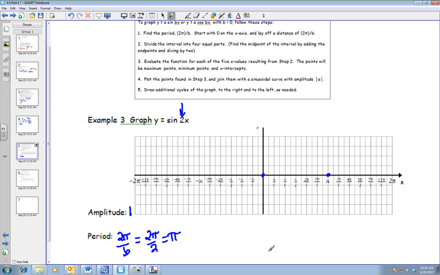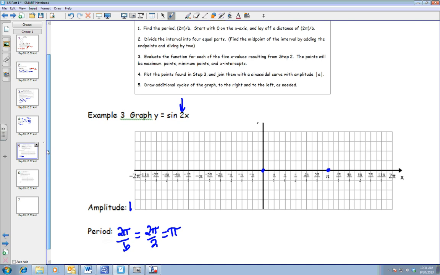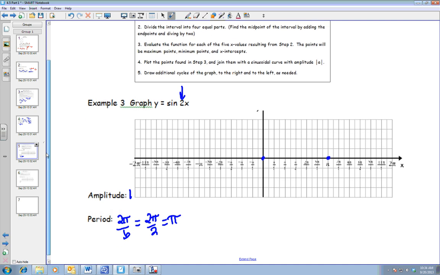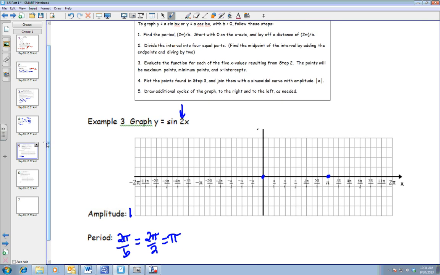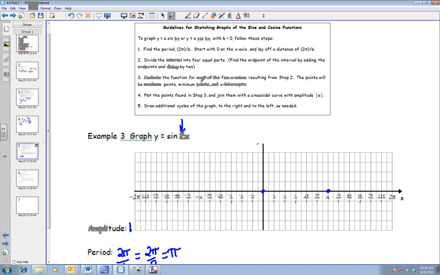All right, so here's how you're going to do this. We can read through these guidelines if we want. But I know for sine, I have a starting point at 0 and an end point at 0, and my midpoint is 0.